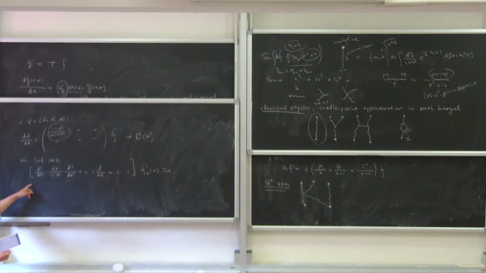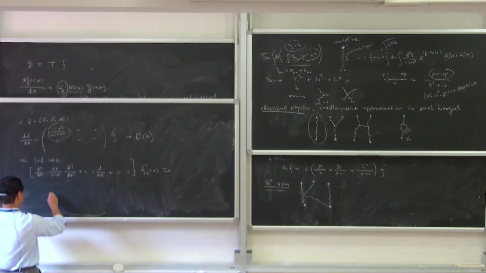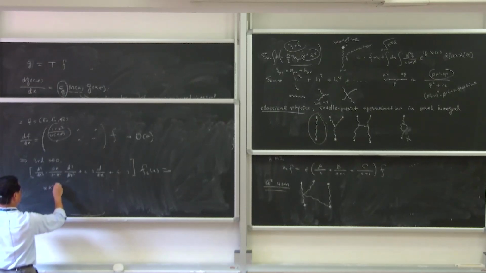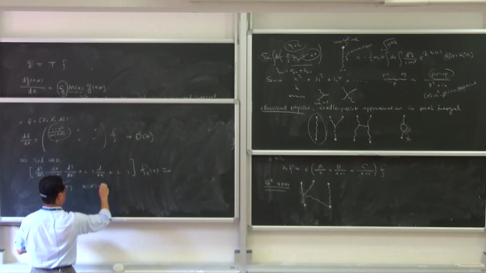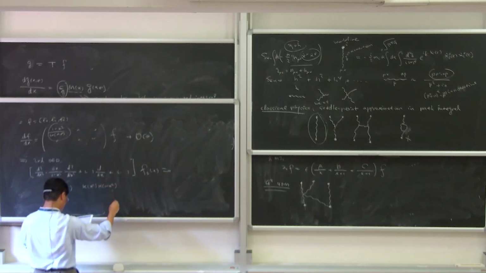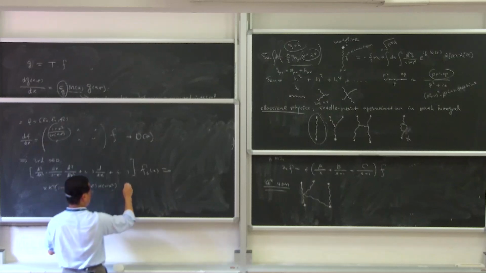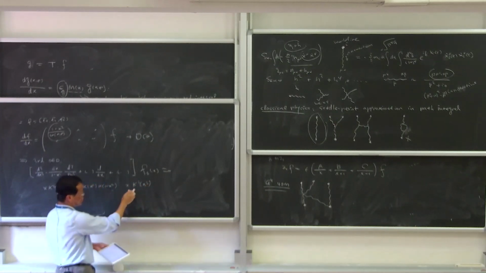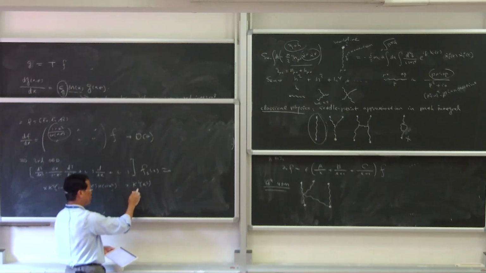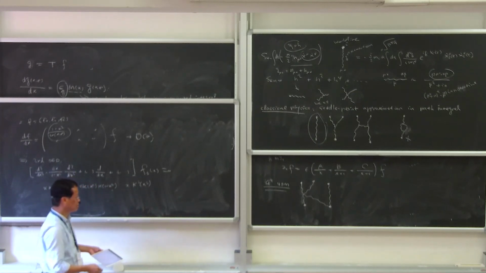For example, if we use Mathematica, you can find three solutions in one second. The solution is just this, where K is the complete elliptic integral of the first kind.